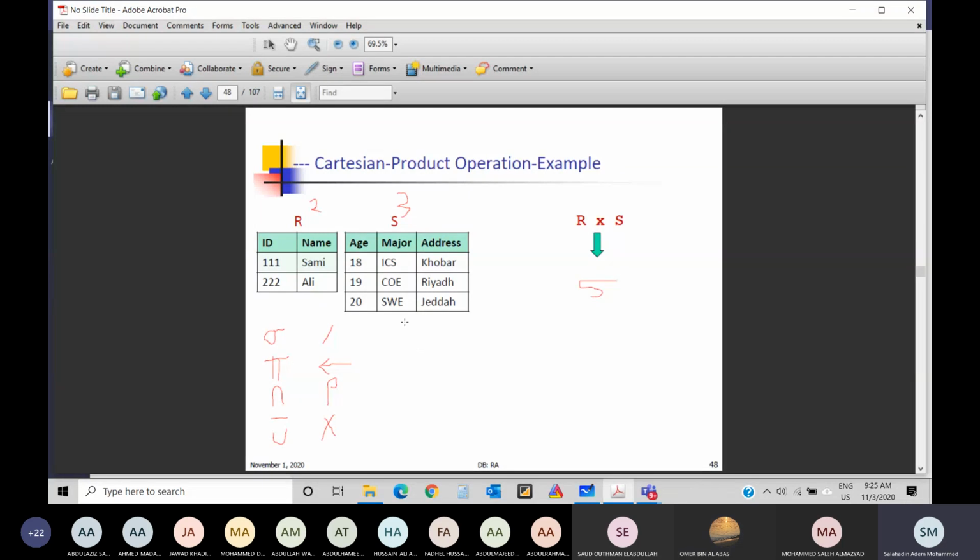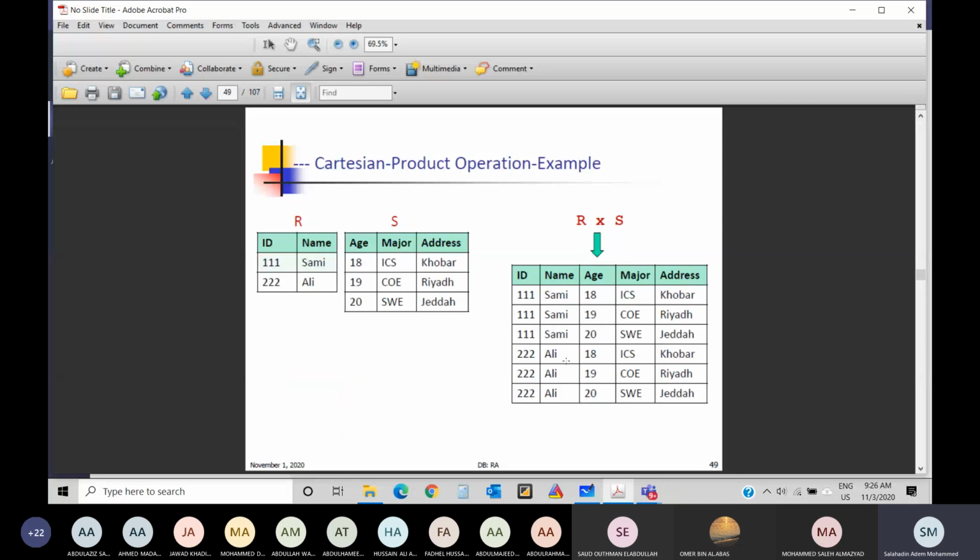That's not a problem. Did you understand? What about the number of rows? The number of rows will match all the 3. So I will get 111 Sami 18 ICS Khobar, 111 Sami 19 COE Riyadh, 111 Sami 20 SW Jeddah. Then 222 Ali 18 ICS Khobar. So this is what I will get. This is my output, Cartesian product.